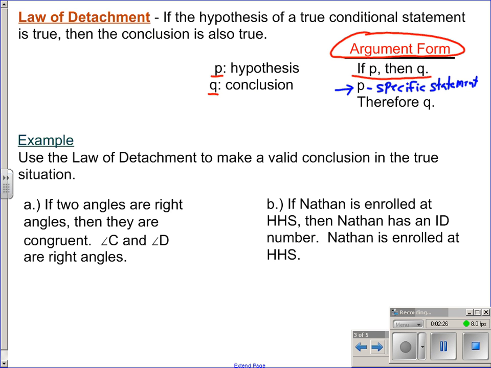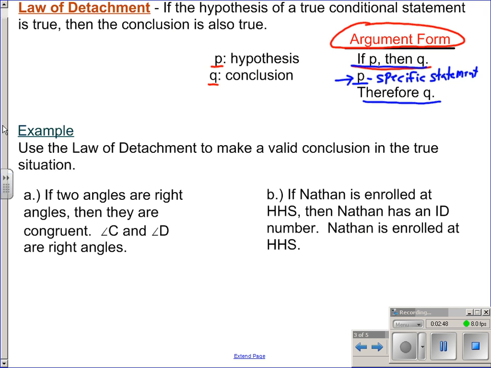If you have this conditional, if P then Q, and then a specific statement about the hypothesis, your conclusion is the specific thing about statement Q, the conclusion. It's kind of a weird thing to look at in a general format, but this is the format you're looking for. So, down to the example.